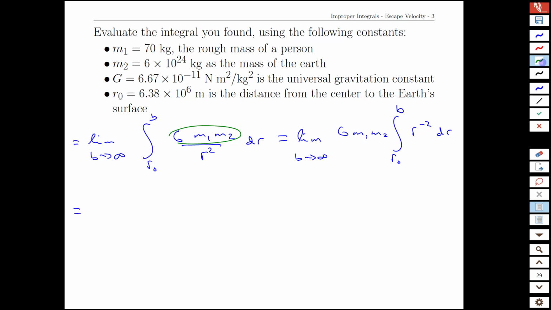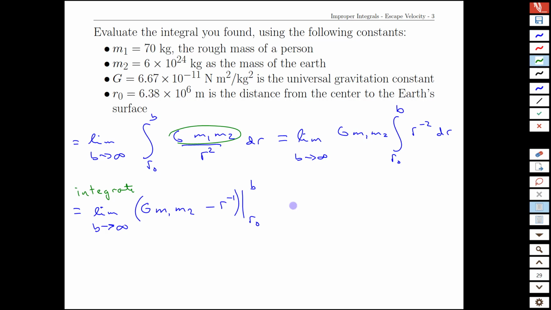Then we can integrate, and when we integrate, we still have our limit, which we're going to evaluate at the end. Limit as b goes to infinity, G, the gravitational constant, the two masses, and this becomes negative r to the negative 1 between b and r naught.